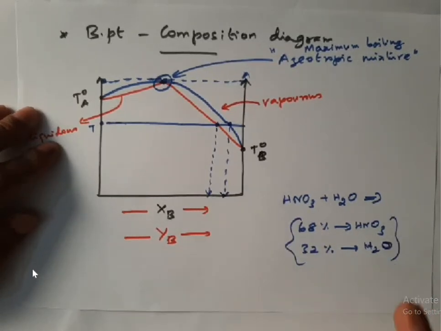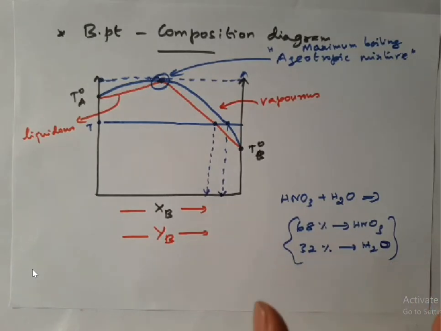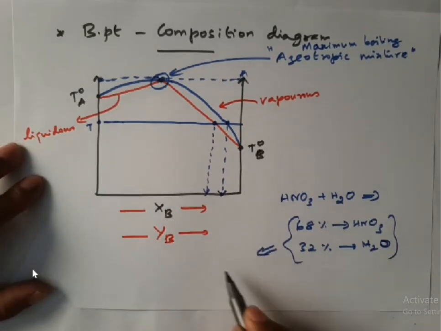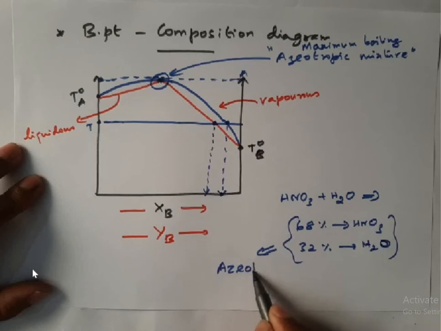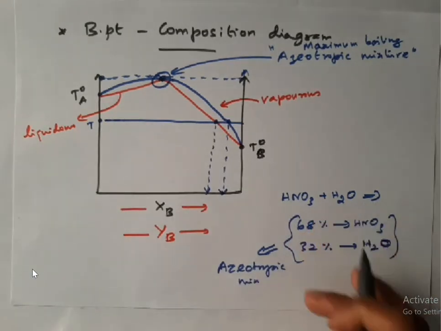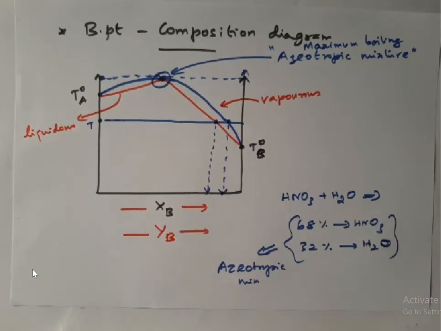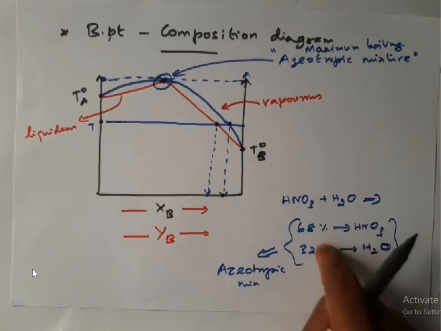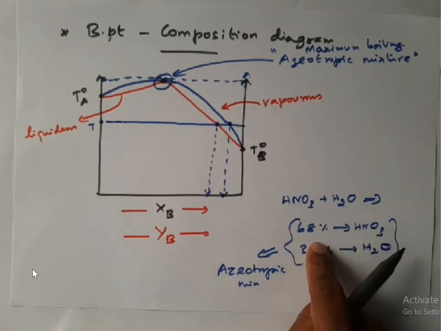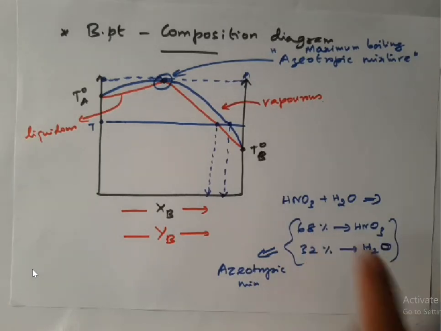Once this mixture is attained, we call that mixture an azeotropic mixture. Suppose you take some mixture of nitric acid and water and start to distill it. Distill means separate, right? If you do separation continuously, at one stage you will reach this composition. Once this composition is reached, you cannot separate them.